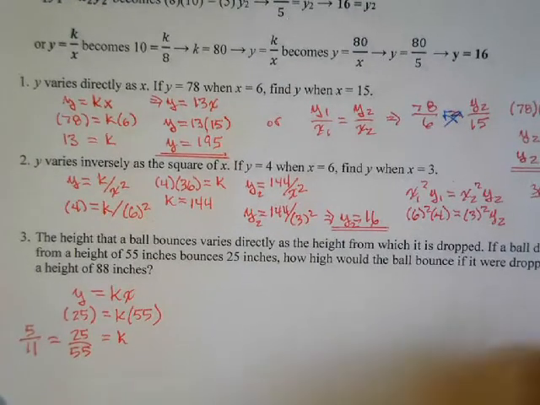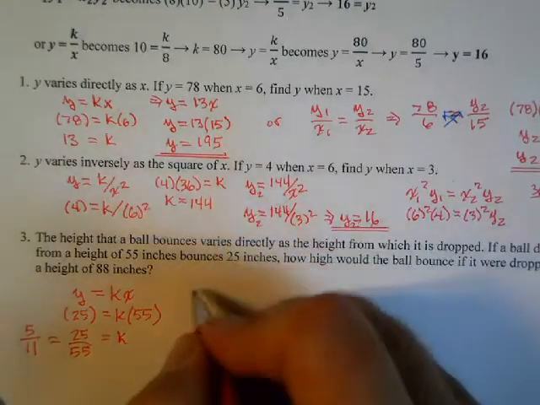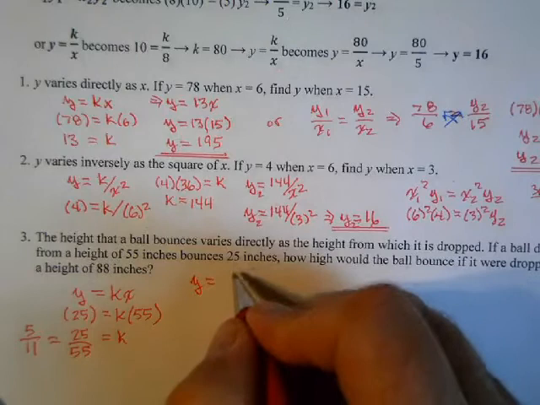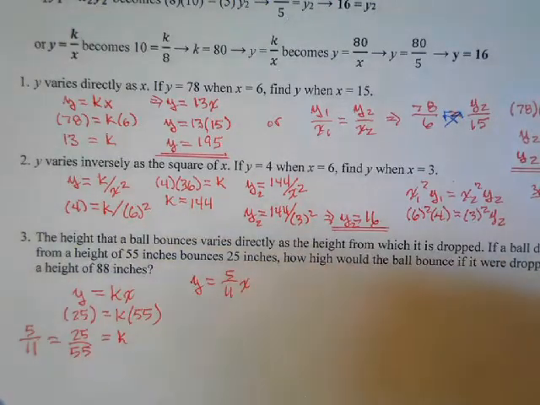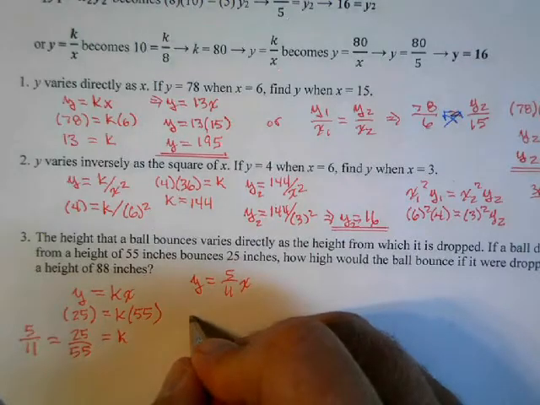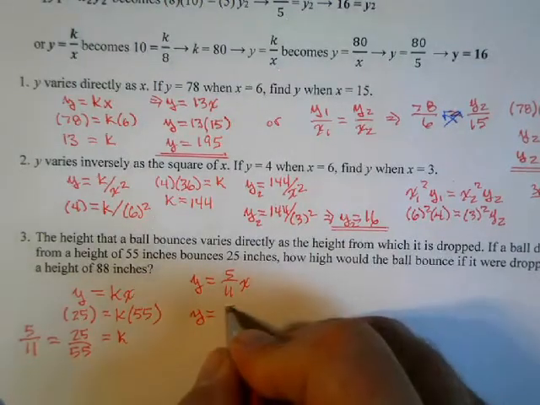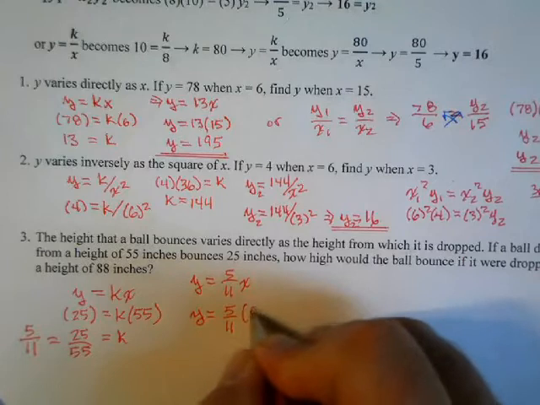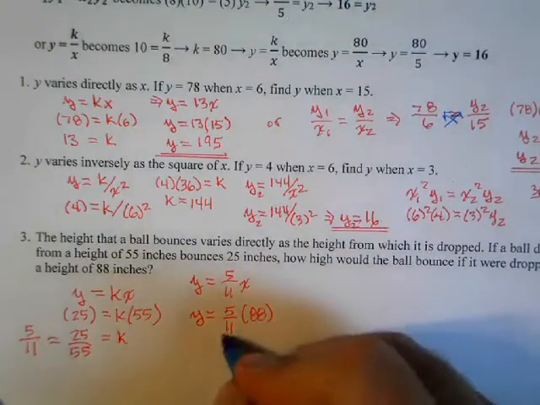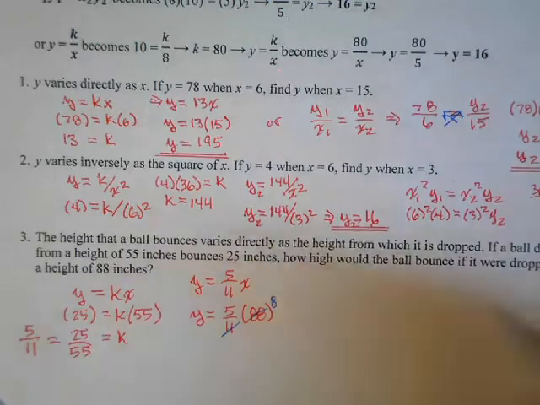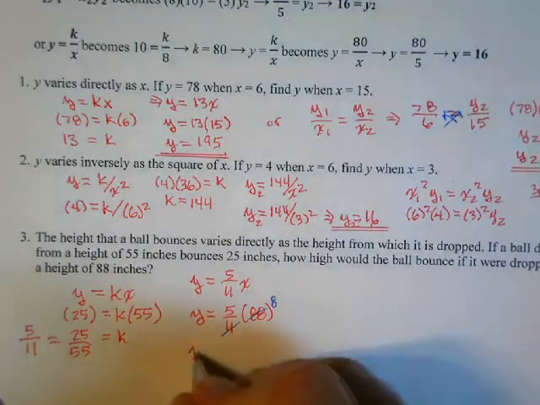So now my equation becomes y equals 5 over 11 x, and then 5 over 11 times the 88, and of course 11 goes into 88 8 times, so y is 40.